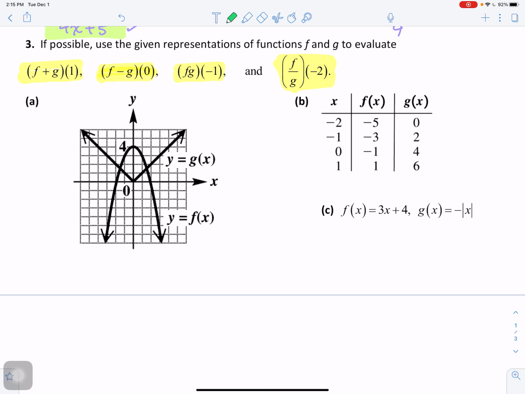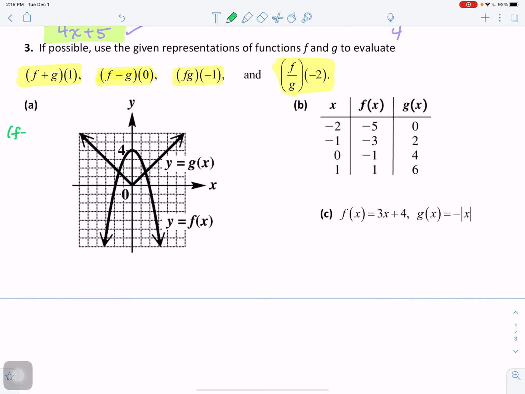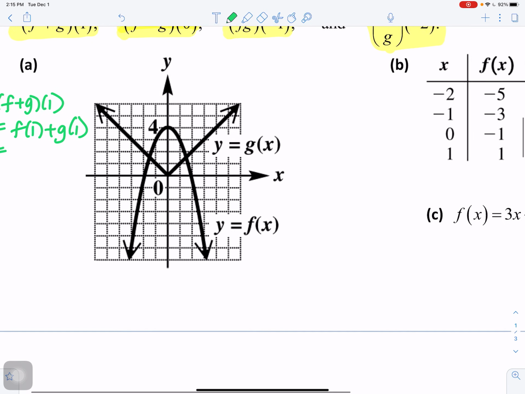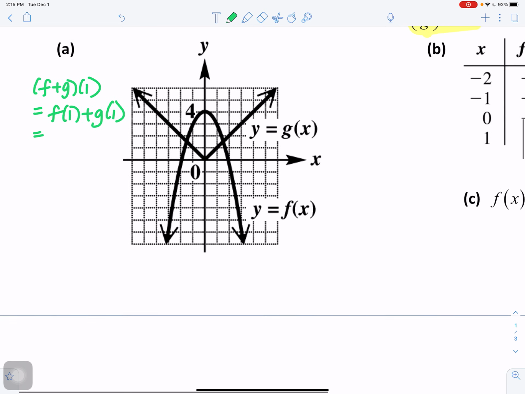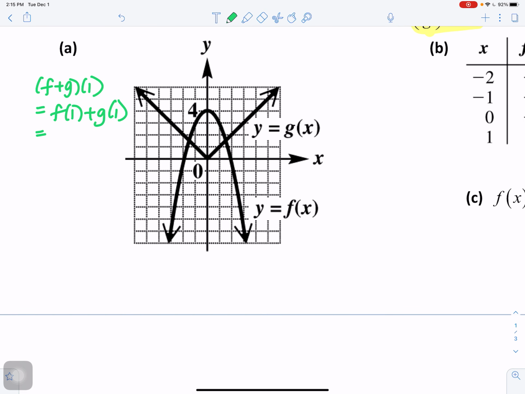So in A, I'm going to write f plus g of 1. That's equal to f of 1 plus g of 1. And now let's go to this graph. So f of 1, and f is this quadratic, opening down.